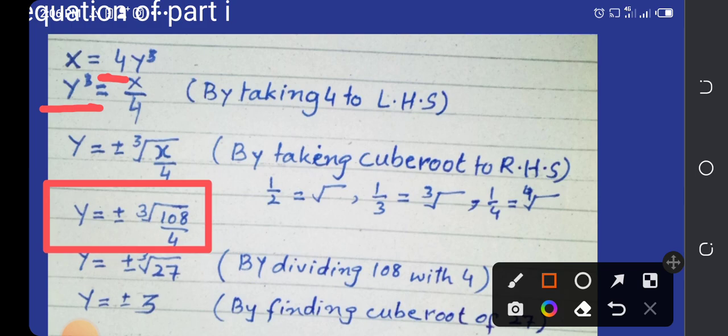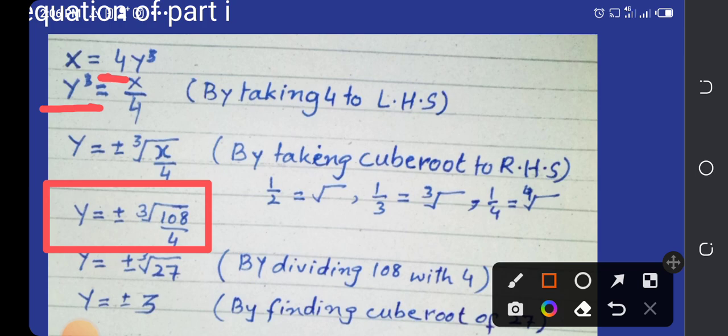By putting the value of x, y is equal to plus minus cube root of 108 upon 4.